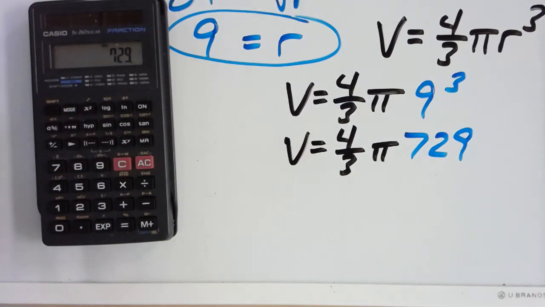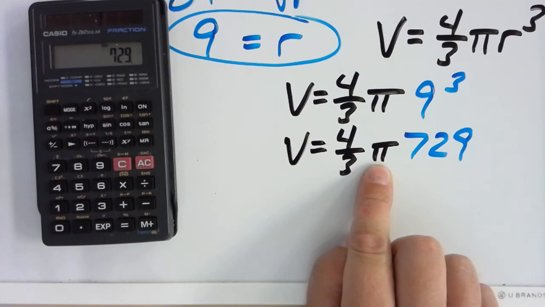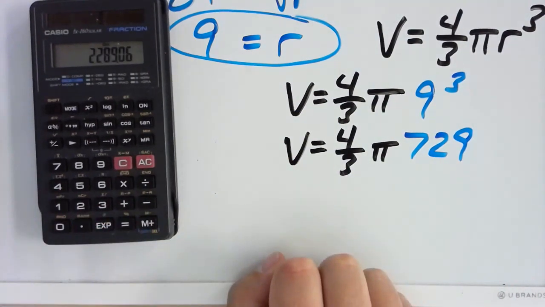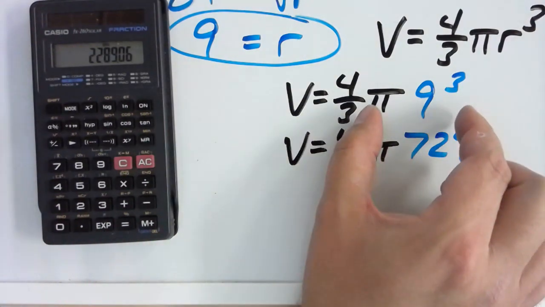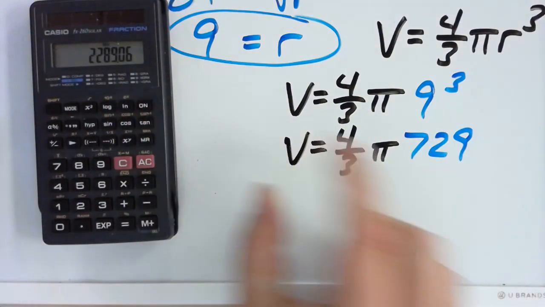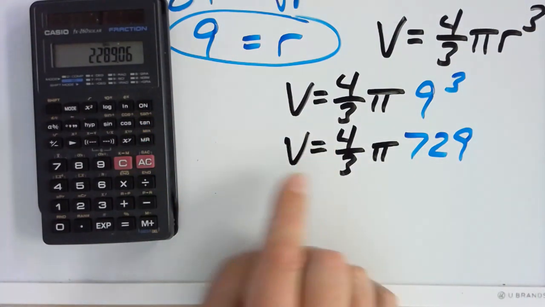So if I'm rounding to the nearest hundredth or 2 decimal places, I'm now going to do 729 times 3.14 for pi. I get 2,289.06. That's again just this portion of the equation. So now when I multiply by 4/3, I'm taking this result, multiplying it by 4, and then dividing by 3.